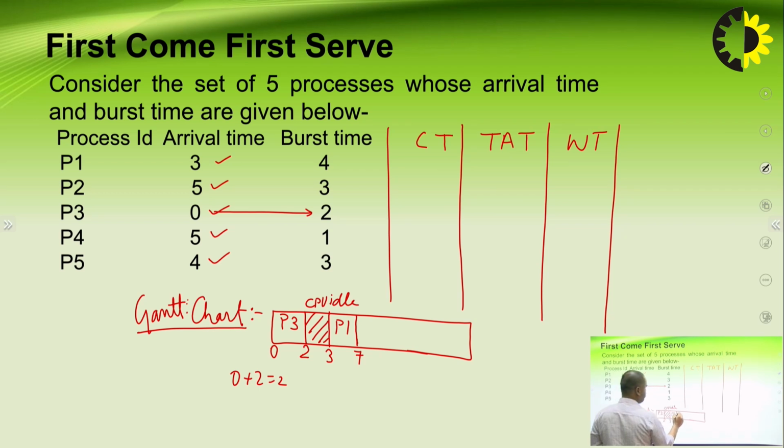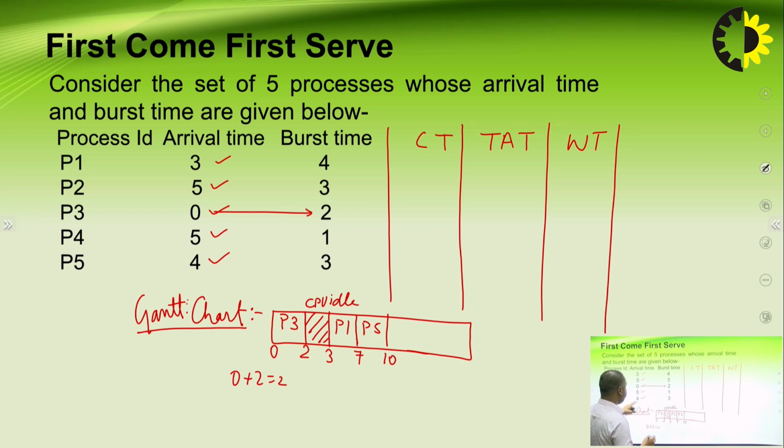So P5. Now P5 has the arrival time 4, so 7 plus 3 is 10. Now 3 processes have been processed in the CPU: P3, P1, P5. Now P2 and P4 have been left over. The arrival times for P2 and P4 are the same, and if the arrival times are the same, we take the lowest burst time.